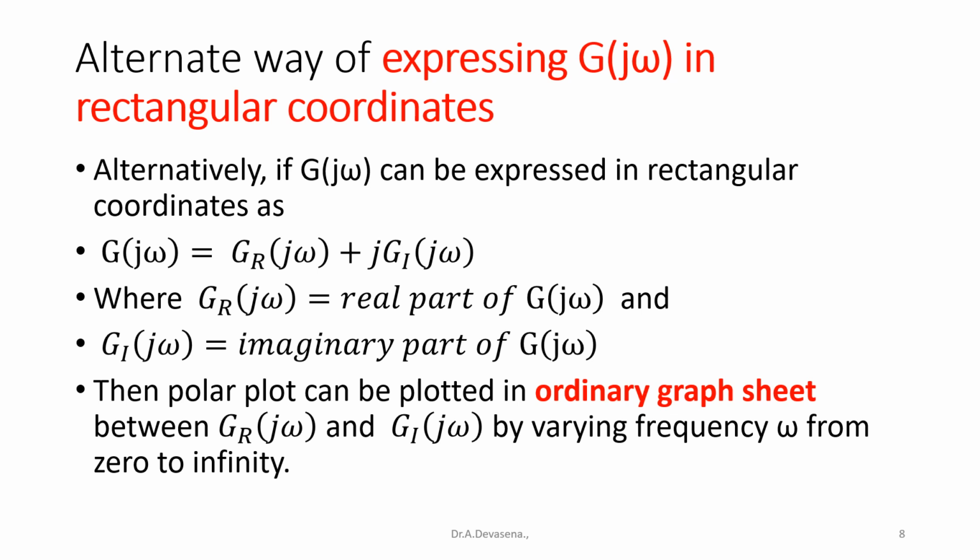The polar plot can be plotted in ordinary graph sheet between G suffix R of j omega, that is the real part of G of j omega, and G suffix I of j omega, that is the imaginary part of G of j omega, by varying frequency from 0 to infinity.